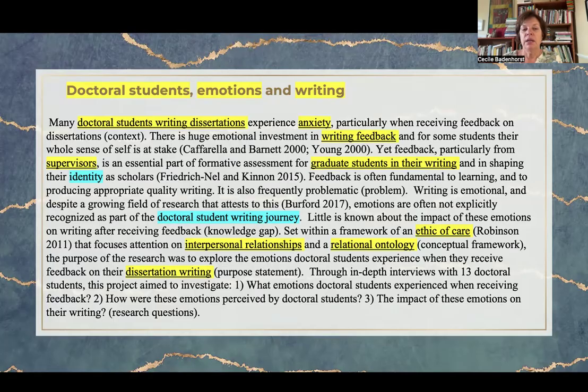So once you are happy with your problem, purpose statement, and questions, and you feel like you can move forward now, you've spent a lot of time thinking and conceptualizing the research, usually you will have a working title, and the working title generally contains the most important concepts.